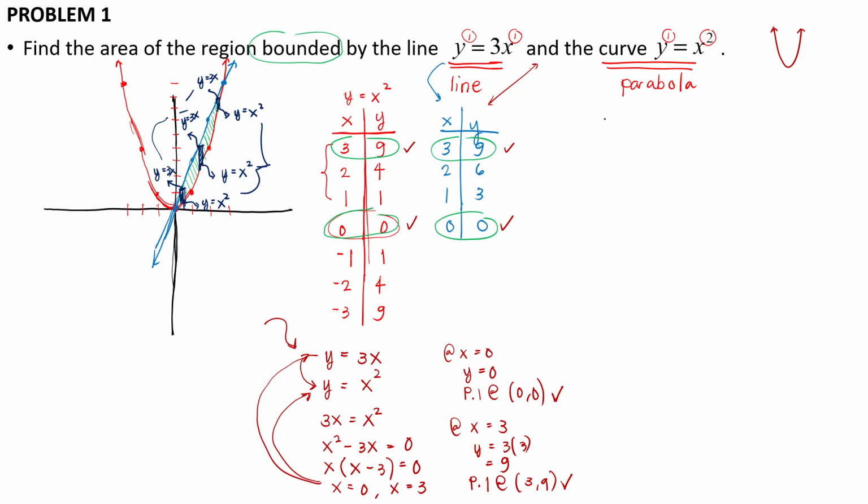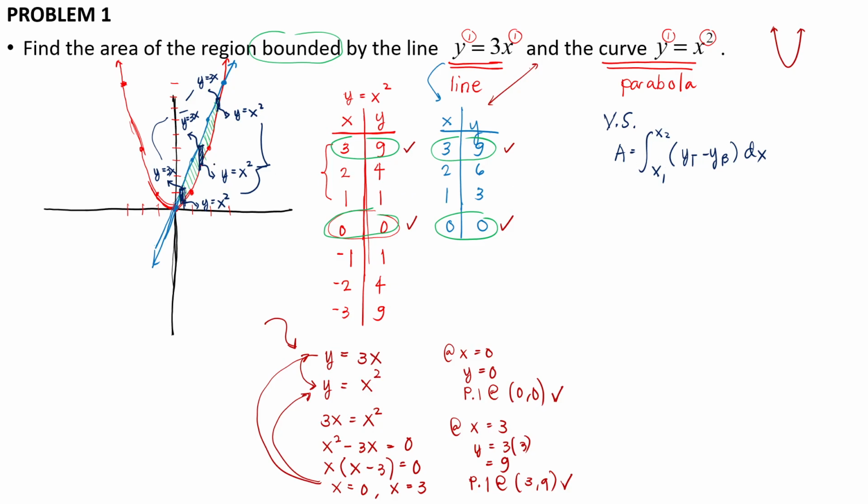Okay, so using the vertical strip, the formula is, from x1 to x2, y top minus y bottom dx. Again, y top is the equation touching the top portion of your vertical strip. That's y is equal to 3x.